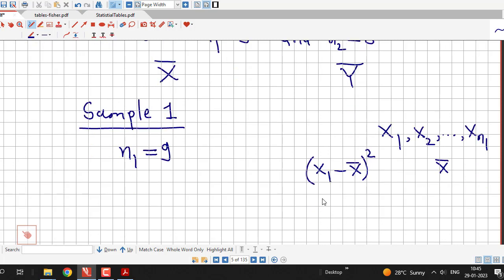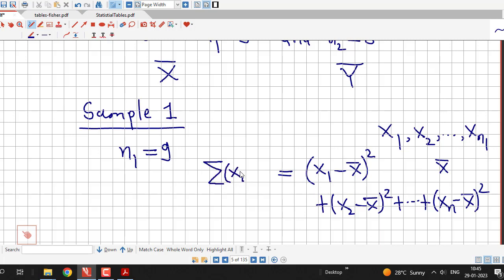Similarly, if we consider x2 minus x bar square, then this is for second observation, and so on. So we have to consider this sum of squares of deviations for each observation. So this we can simply denote by sigma Xi minus x bar whole square.